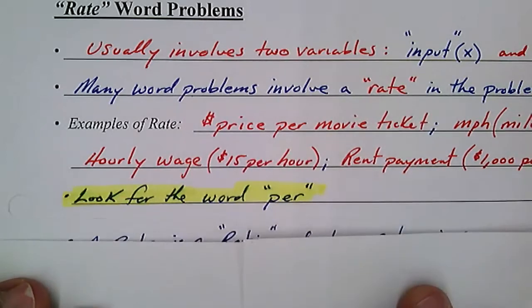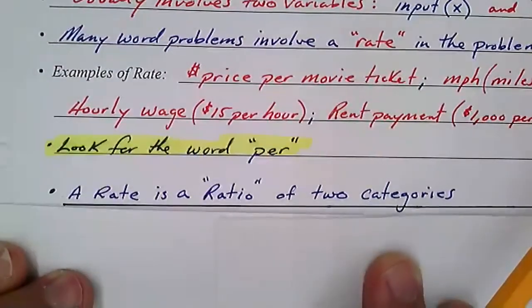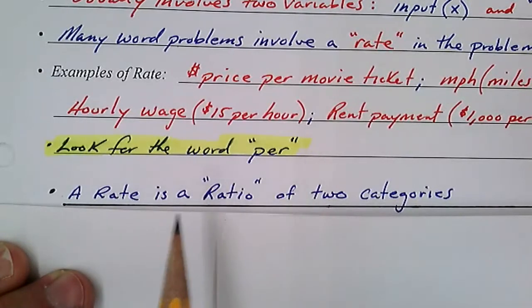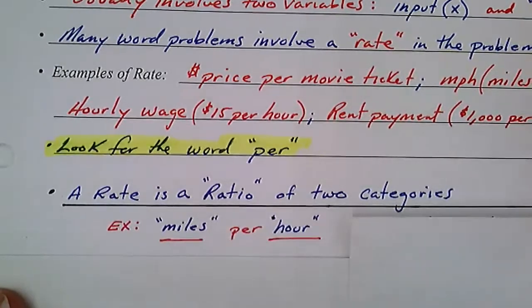Okay, and then the other thing is a rate is a ratio. A rate is a ratio of two categories, so you're comparing one category to another. What do I mean by two categories? Let's look at the example again, miles per hour. We're taking distance, which is miles, and comparing that to time, or hours.